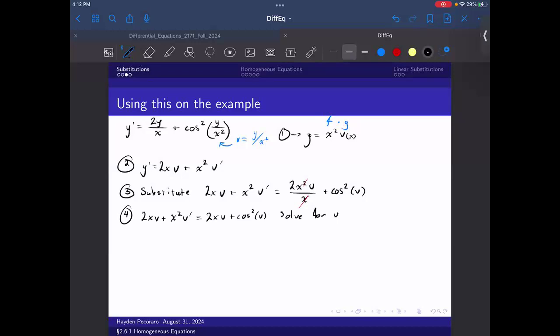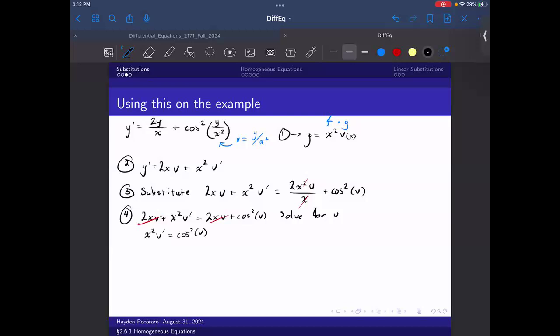All right, well, we get some cancellation on the left and right sides. The 2xv cancels out, and we're left with a somewhat simpler differential equation here, plus cosine squared v.